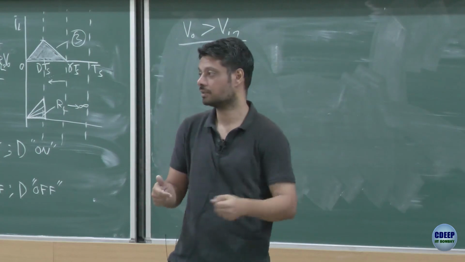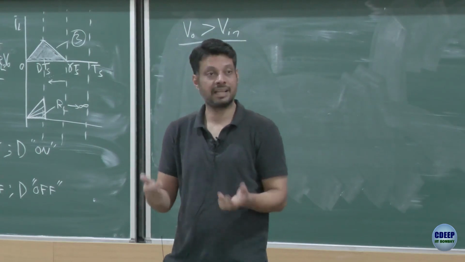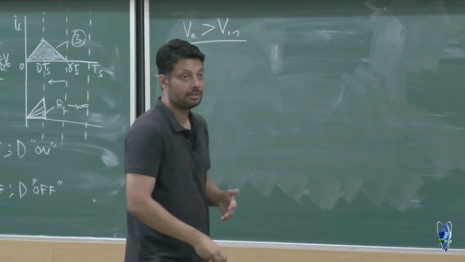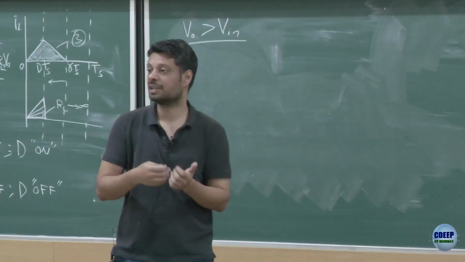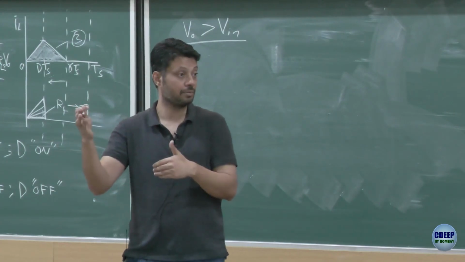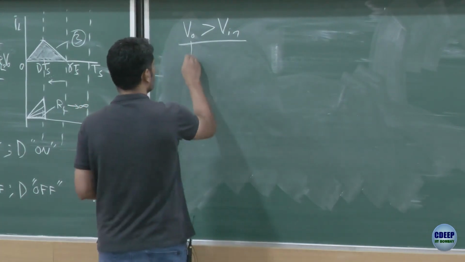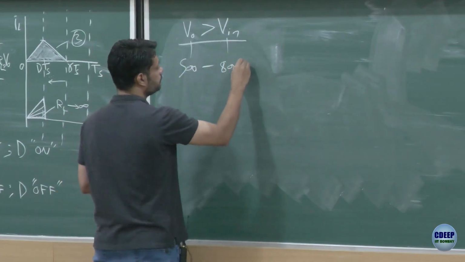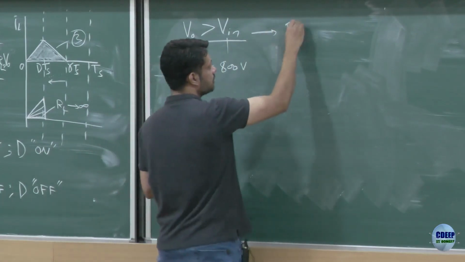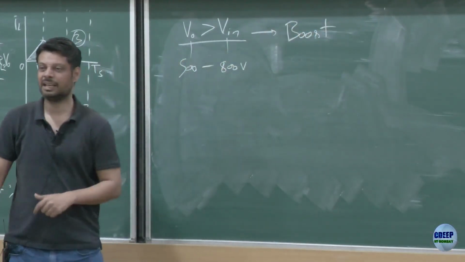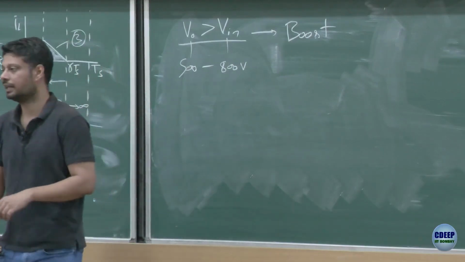Therefore, there is an onboard DC to DC boost converter to take that 500 volt and still charge the battery of the vehicle, which is at 800 volt. Going from 500 to 800, this operation we call boost. But this is an application which is a bit rare.